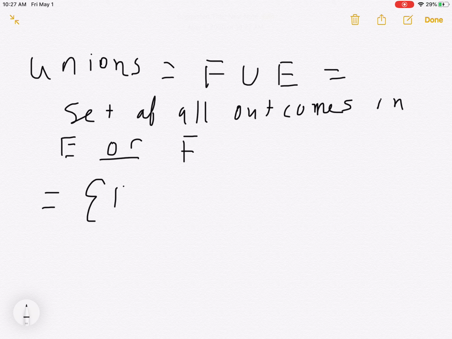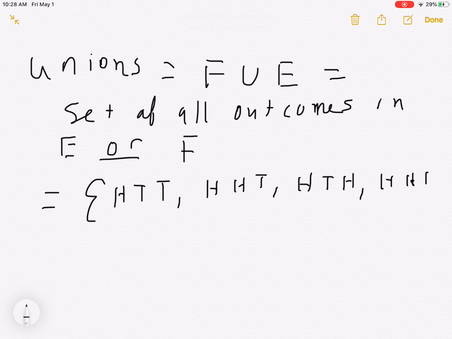It's going to be heads, tails, tails, heads, heads, tails, heads, tails, heads, heads, heads, heads.